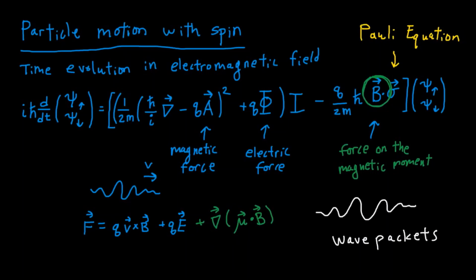In reality, I'm really interested in what happens to these wave packets, but because I spent so long drawing an analogy between wave packets and classical particles, it should make sense what these things have to do with each other. Now we're going to transition, and I'm going to derive where this force comes from classically.